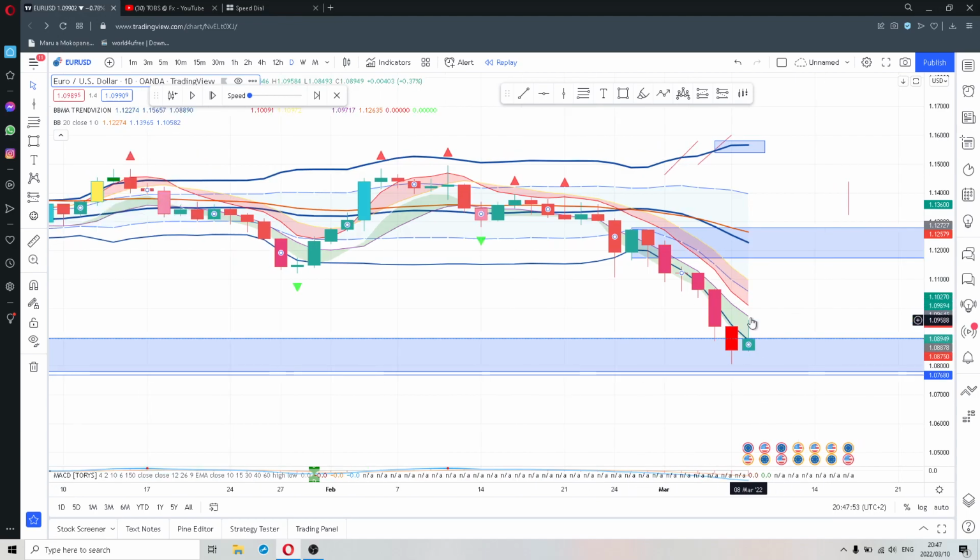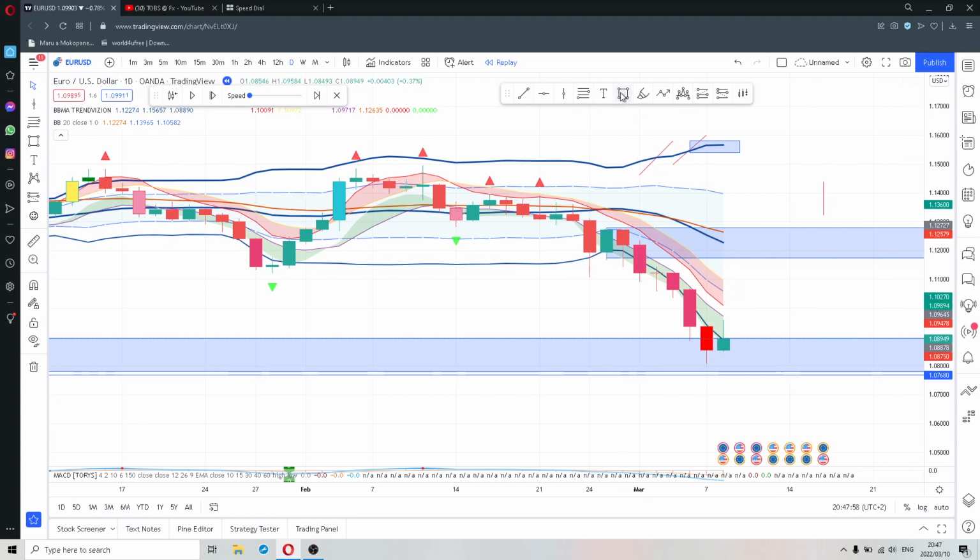So without that candle, guys, it means we have something there. Let me show you. Without that candle, we have this area there. This is the area where we need to see something.